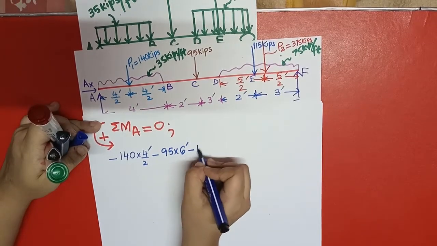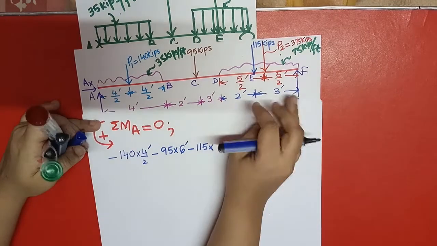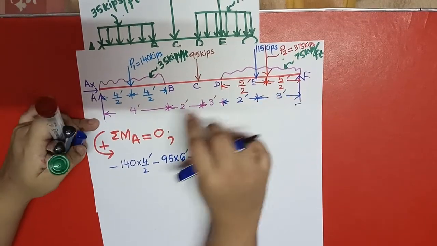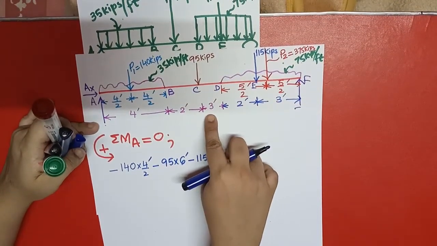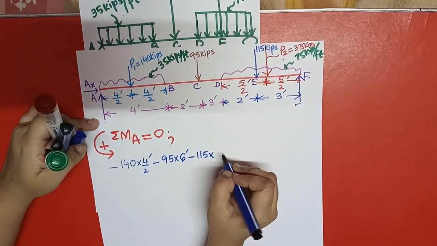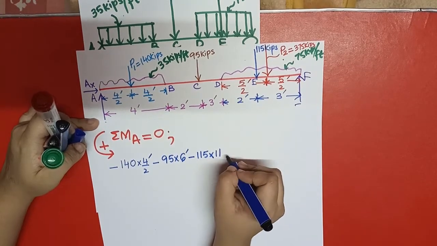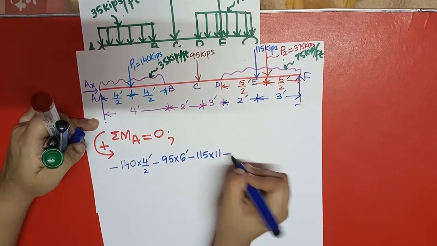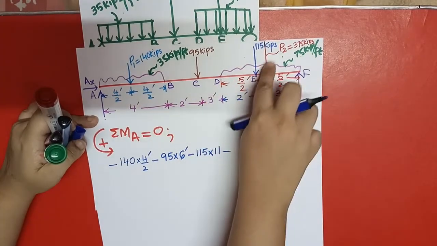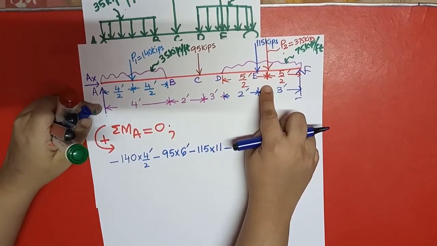Minus 115 multiplied by A to E. So 4 plus 2 is 6, 6 plus 3 is 9, plus 2 is 11. So I can write 11 here, and then minus P2, it should rotate. So what is its length from up till here?